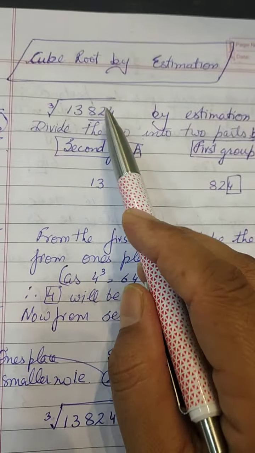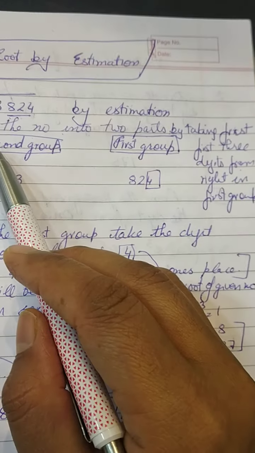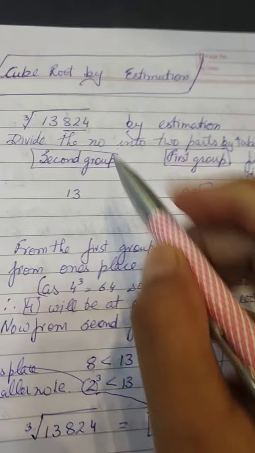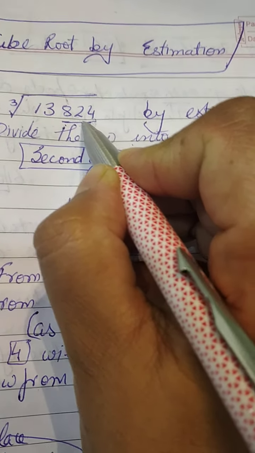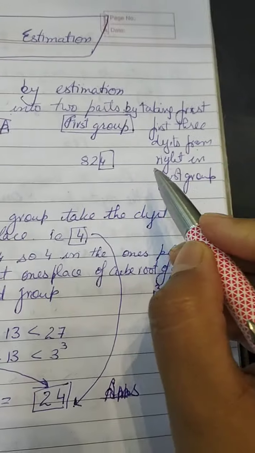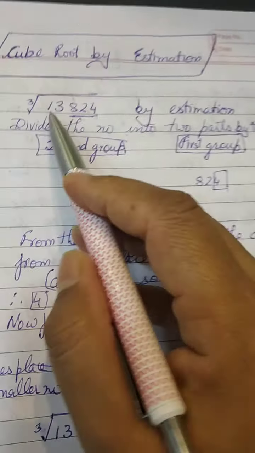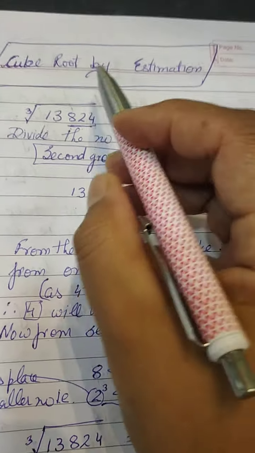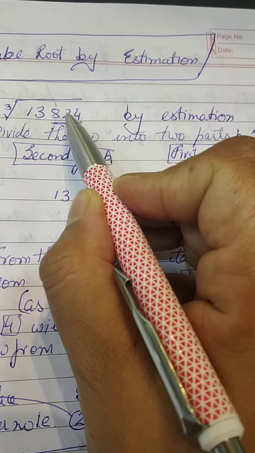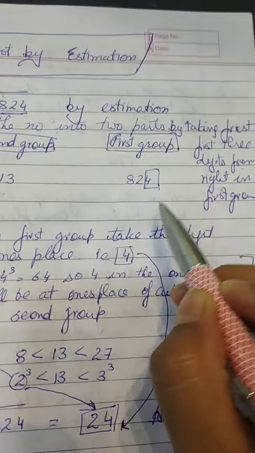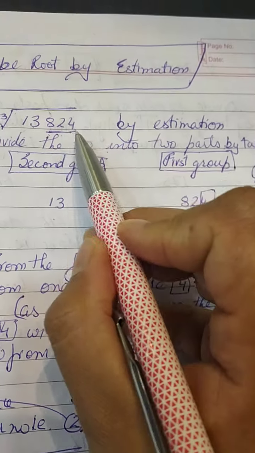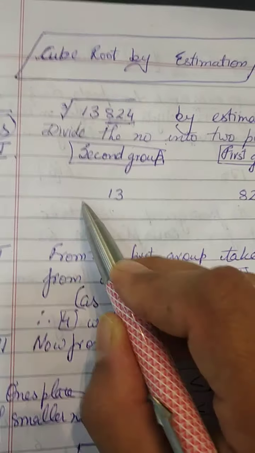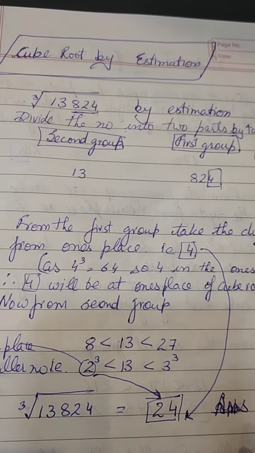You have to take the first three digits from the right in the first group, and the remaining digits in the second group. That means the digits at ones, tens and hundreds place go in the first group and the remaining in the second group.